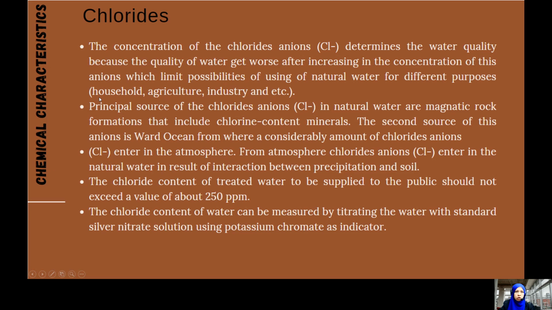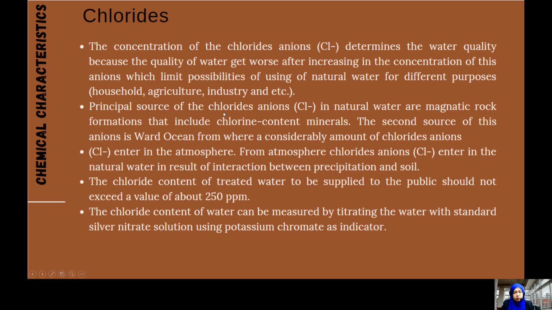Chloride. What is chloride? Chloride is the concentration of chloride ion. Chloride ion determines the water quality, because the quality of water gets worse as the concentration of this ion increases, which limits the possibility of using the natural water for different purposes, such as household, agriculture, industry, and so on.